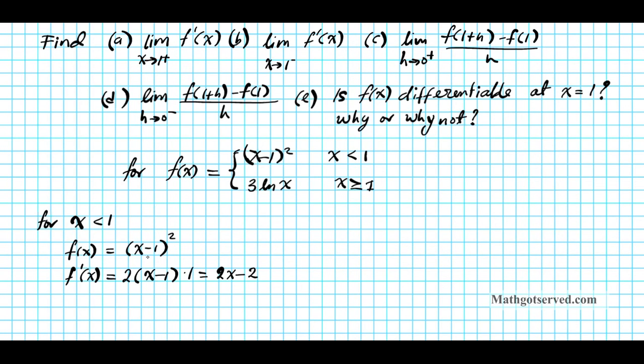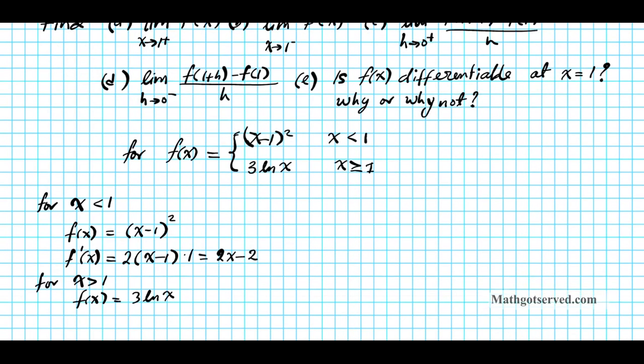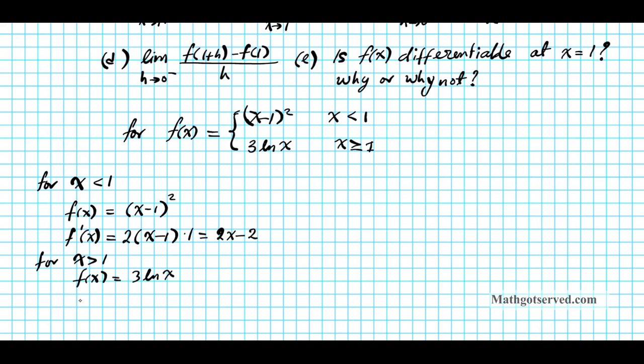That's the derivative for x less than 1. For x greater than 1, f of x equals 3 times the natural logarithm of x. When we differentiate that, the derivative of ln x is 1 over x, so you have 3 over x.